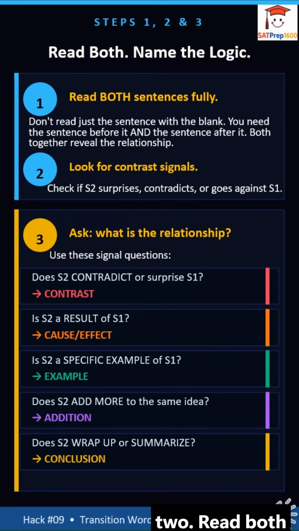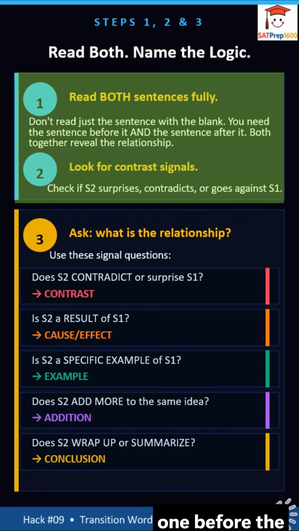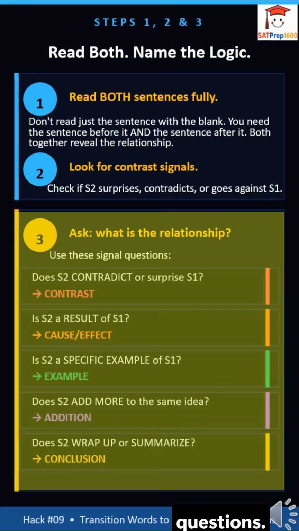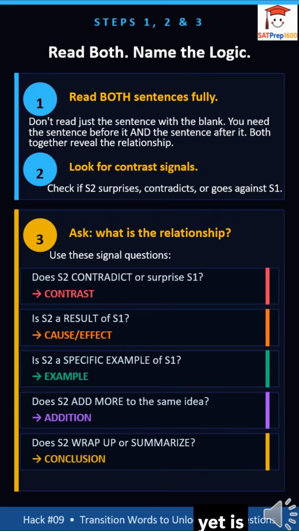Steps 1 and 2. Read both sentences, the one before the blank and the one after it. Not just one of them, both. Step 3. Ask the 5 signal questions. Does sentence 2 contradict or surprise sentence 1? That's contrast. Use however, but, yet. Is sentence 2 a result of sentence 1? That's cause and effect.